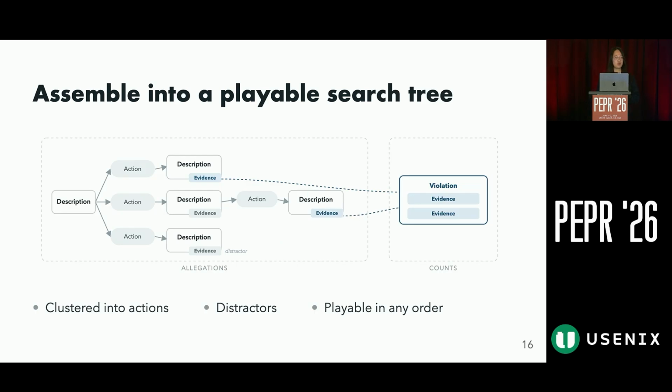We then assemble these facts and the violations into a playable structure tree. We cluster the facts into investigation actions and also add distractors to mimic the real-world messy environment. We also ensure that all the descriptions make sense in arbitrary reading order.